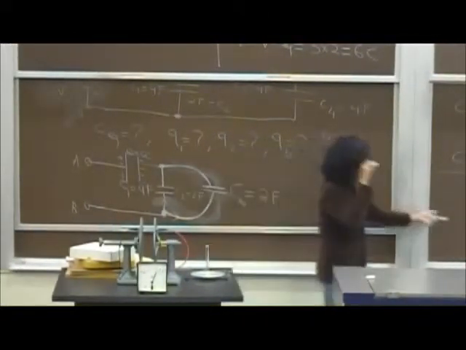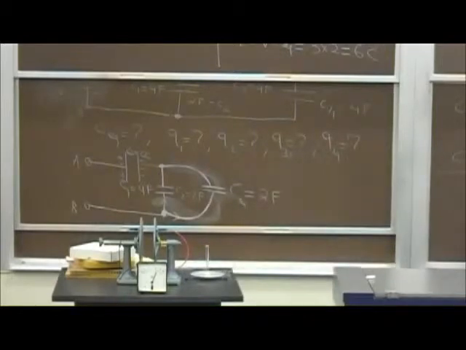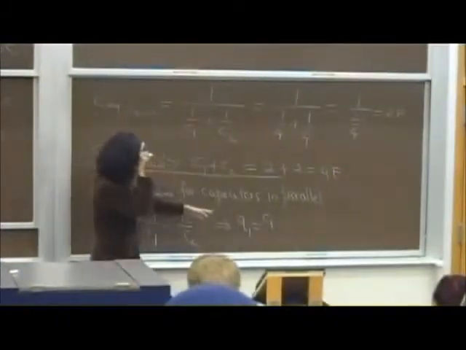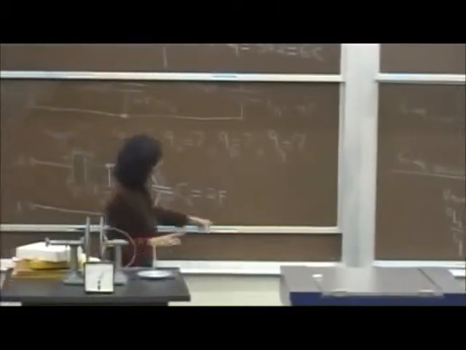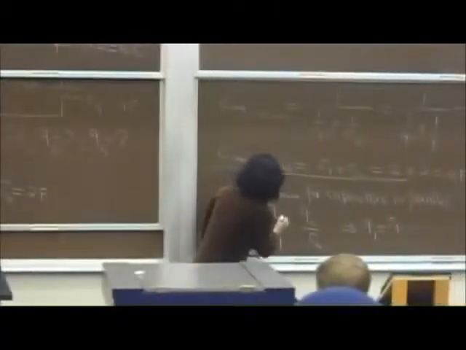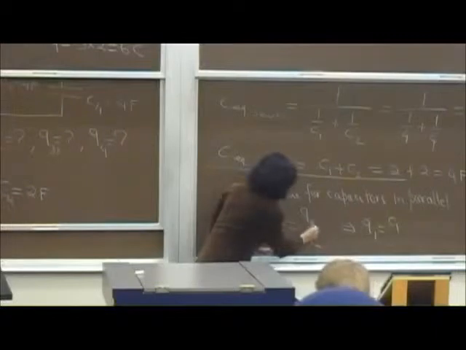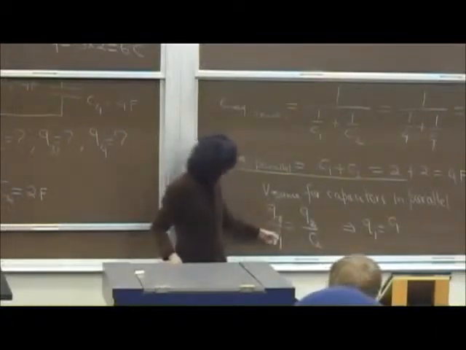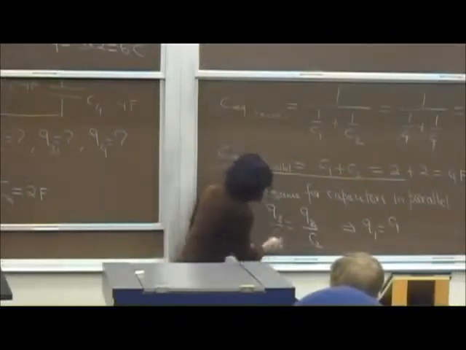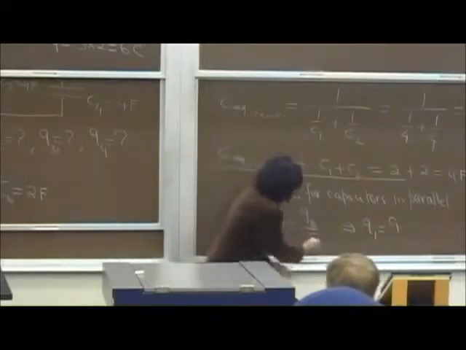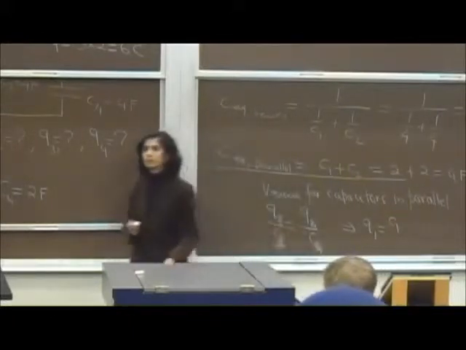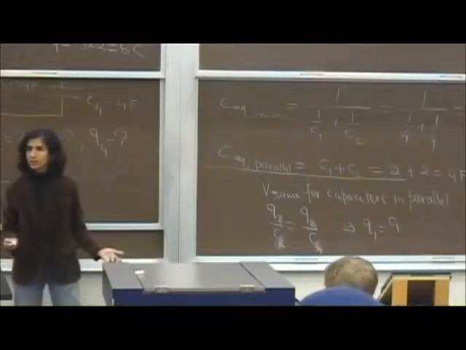In other words, another way to say this is that, well, I shouldn't have given the name Q1, etc. What I mean to say is C2 and C34. So let me call it C2 and C34. So Q2 divided by C2 should be equal to Q34 divided by C34.